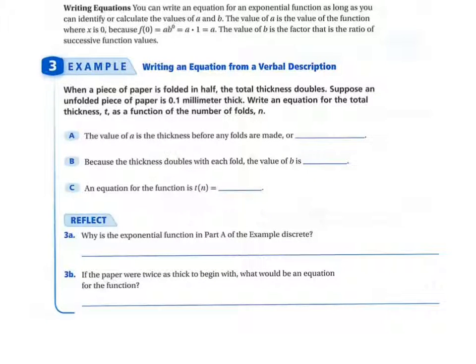The value of a is the thickness before any folds are made, or 0.1 millimeters. Because the thickness doubles with each fold, the value of b is 2. So the equation is t of n equals our initial value, 0.1, times what we multiply by each time, 2 to the power of n.